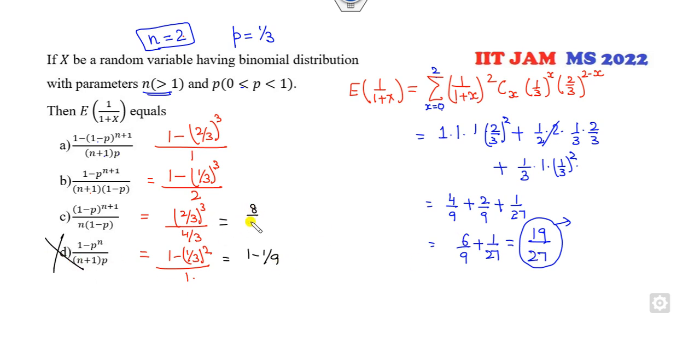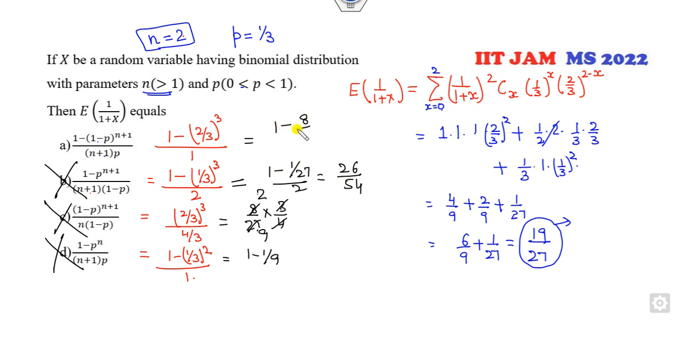You can see it's 8 over 27, it's 3 over 4, it's 2 over 9, but 19 over 27 is what we need. So these options are cancelled. Look at this one, 1 minus 1 over 27 over 2, so 26 over 54. Again, this option is cancelled.